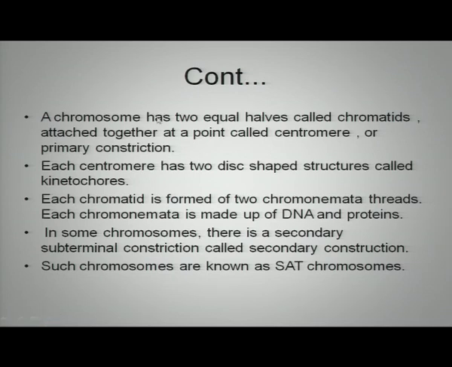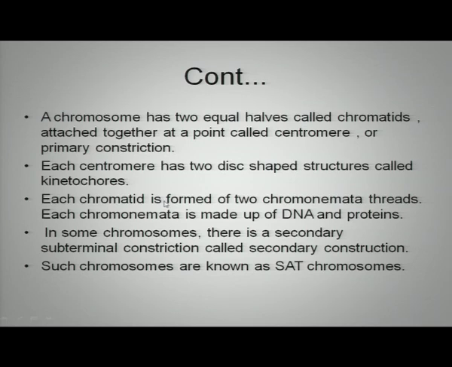A chromosome has two equal halves, and we will call these equal halves chromatids, and they are attached together at a point, and this point is known as the centromere or primary constriction. Each centromere has two disc shaped structures called kinetochores.